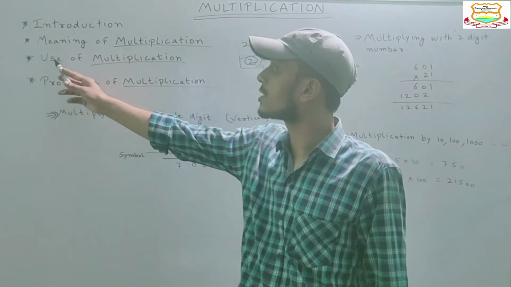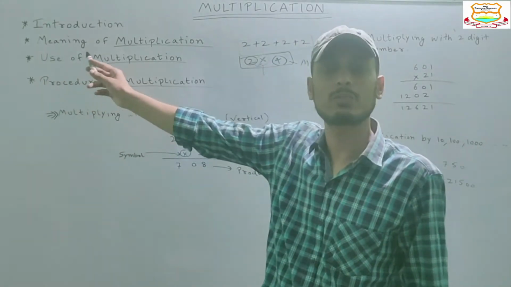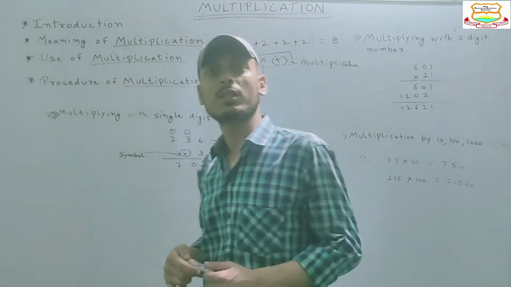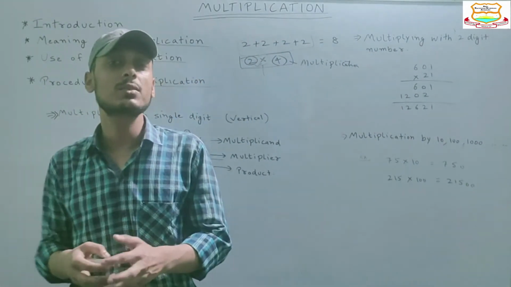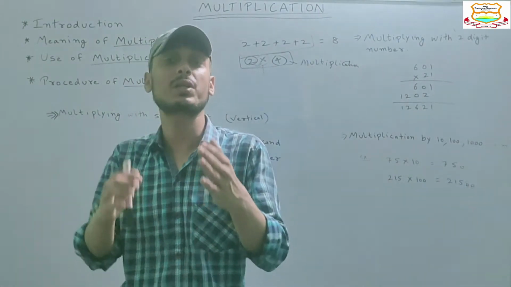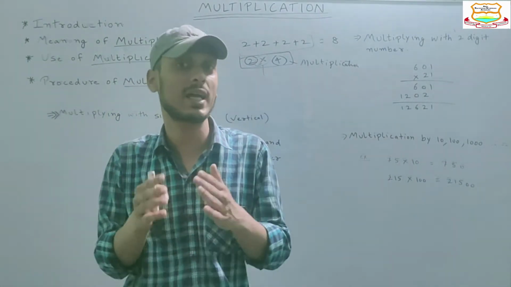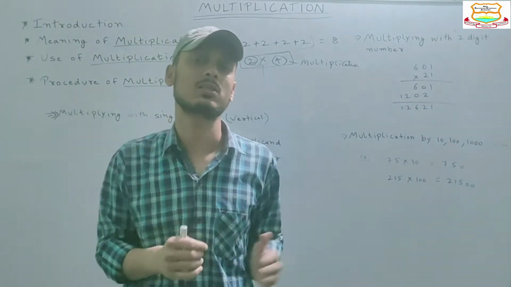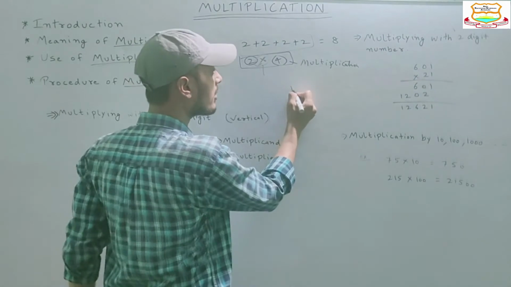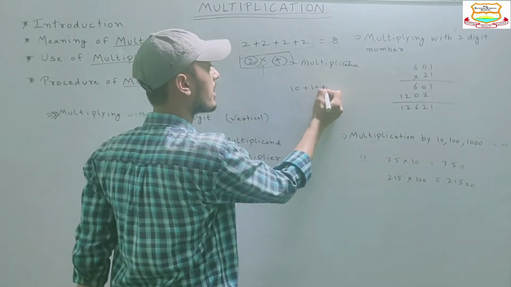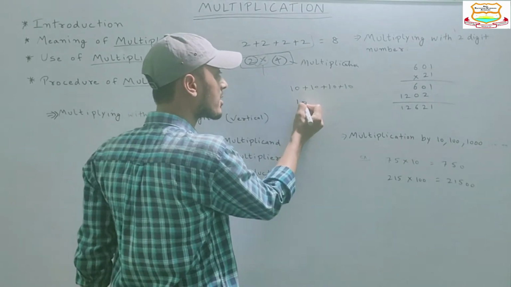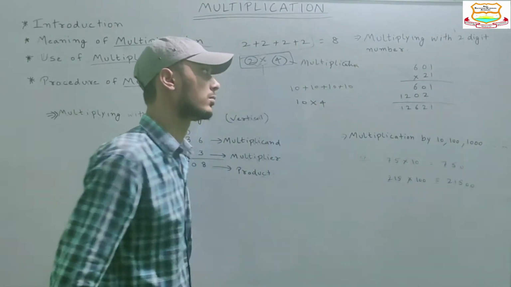Now the question arises, what is the use of multiplication? It is so simple. Multiplication is used in that case in which some particular digit is being added repeatedly again and again. For example, if 10 is added again and again, then it can be written as 10 into 4.